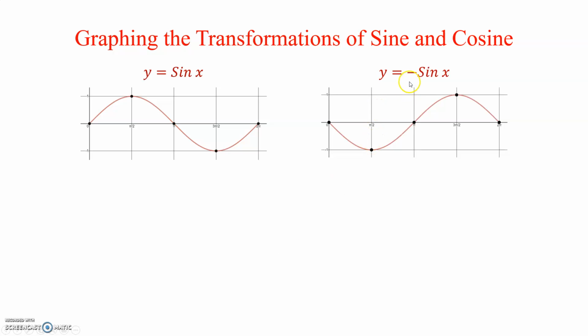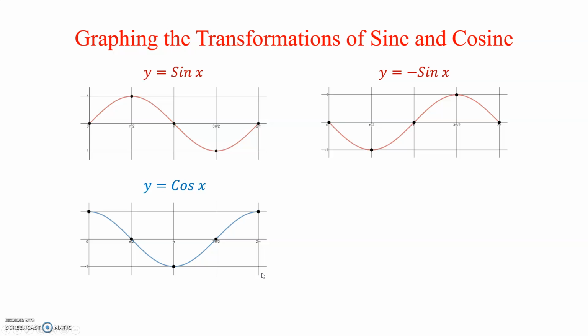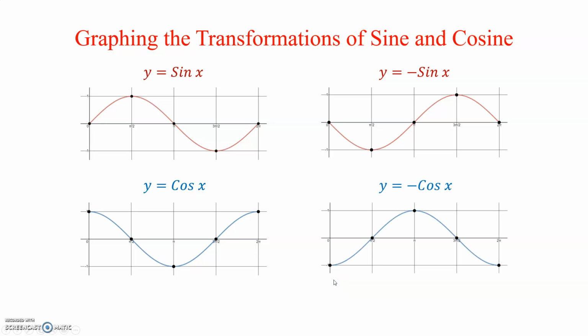If y equals negative sine x, everything is reflected over the x-axis, so we end up with this graph. Then we look into cosine. With the a being positive, we end up with this graph. And if the a was negative, it's reflected over the x-axis. So these are the four primary graphs you would ever see for sine and cosine.